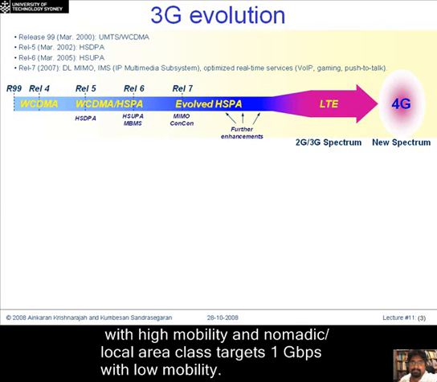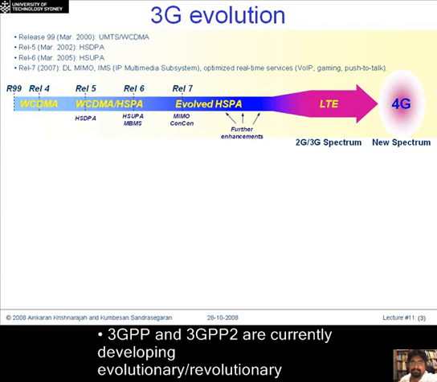And the next step after release 7 is LTE, and between release 7 and LTE there's going to be further enhancement. LTE is in the process of being standardized now, and some test networks have already been in operation, but hopefully in the next couple of years, if the financial situation doesn't get worse, the operators will start to roll out LTE.